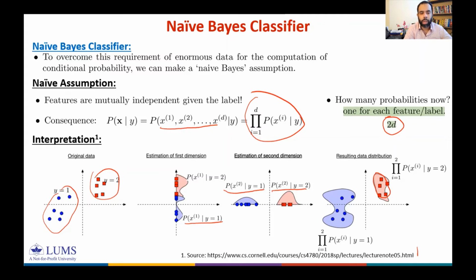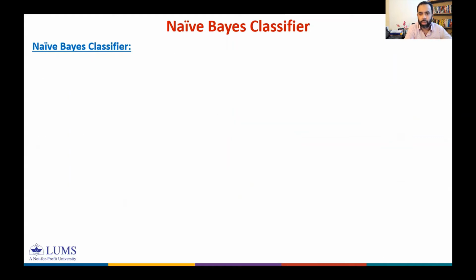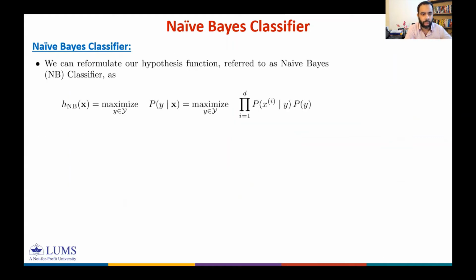Once we have computed these likelihoods, or these conditional probabilities, we can use the Bayes theorem and invoke the MAP rule to come up with a Naive Bayes classifier. We have computed this product of probabilities, the likelihood function.